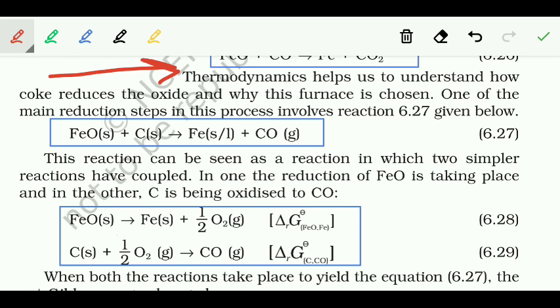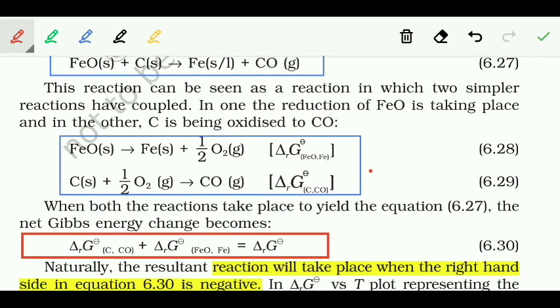Ferrous oxide combines with carbon and produces Fe in solid or liquid state along with carbon monoxide. This reaction can be seen as one in which two similar reactions are coupled. In one reaction FeO is being reduced and in the other carbon is being oxidized to carbon monoxide.